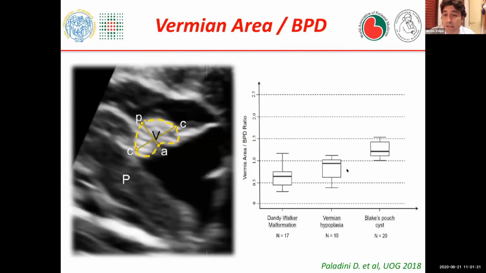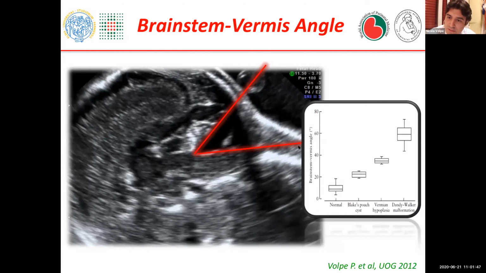And another important sign that has been developed by actually my uncle a few years ago is the brainstem-to-vermis angle. This seems to be much higher in the worst pathologies, such as Dandy Walker or Vermian hypoplasia, whereas it is mild, small, or almost virtual in Blake pouch and normal cases. Another landmark is the tentorium.